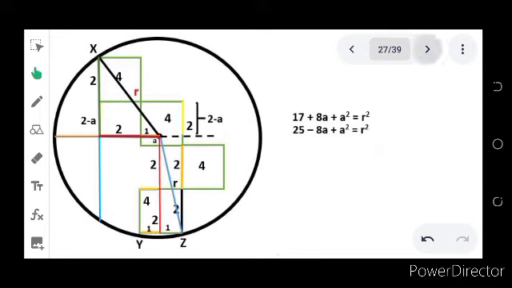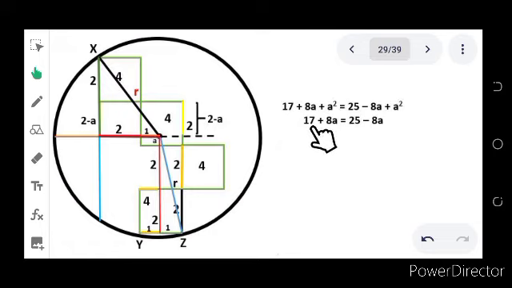We equate both equations because both are solved in terms of R. Now we can cancel the A squared. We combine the 8A on one side and transpose the 17 to the other side. That gives us 17 plus 8A equals 25 minus 8A. Simplify, that gives us 16A equals 8. Solving for A, A equals 1/2.